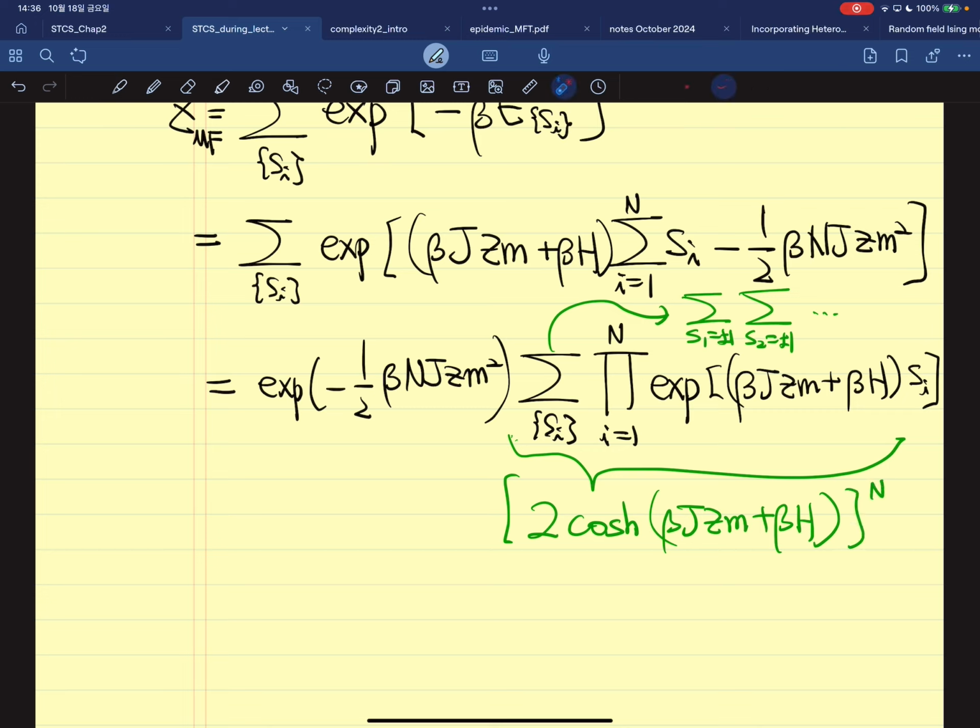Because in this case, all the summations can be done independently, and the same for the n different spins. Because this variable S_i is plus 1 or minus 1 at each site, it's essentially an exponential of this plus an exponential of minus this. So yes, it's the same.